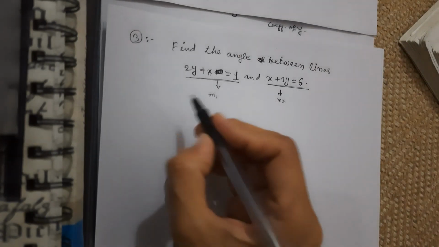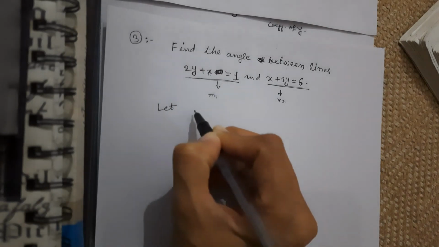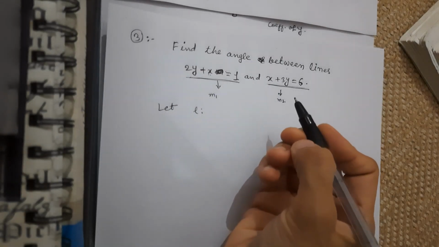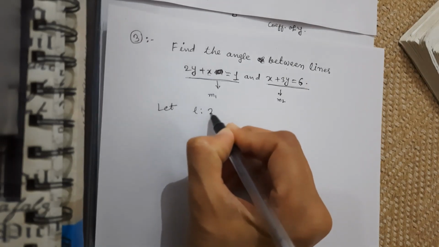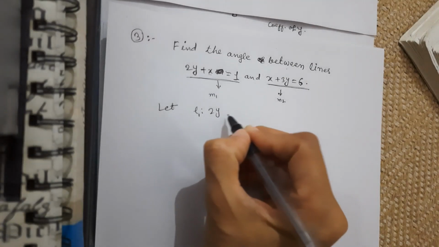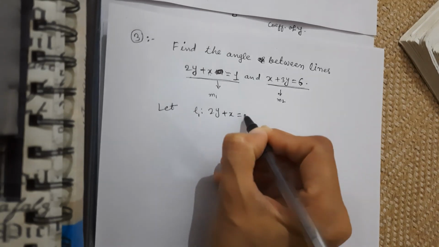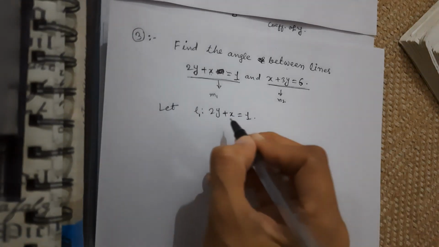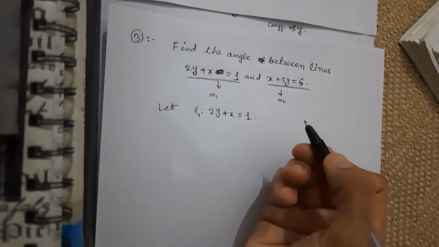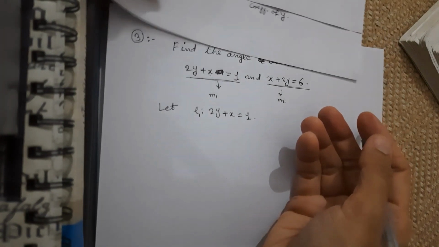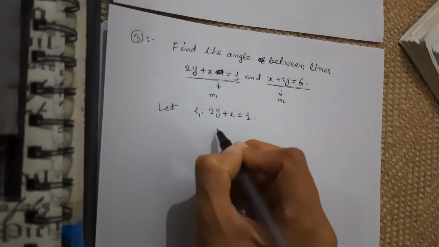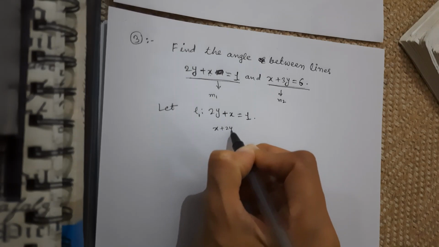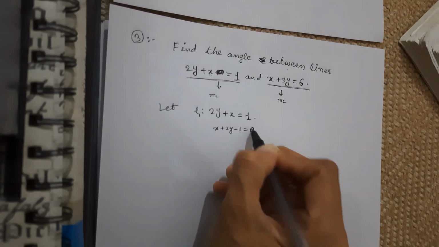So first of all, let L1 be the line 2y plus x equal to 1. If I write it in the form ax plus by plus c equal to 0, then it becomes x plus 2y minus 1 equal to 0.